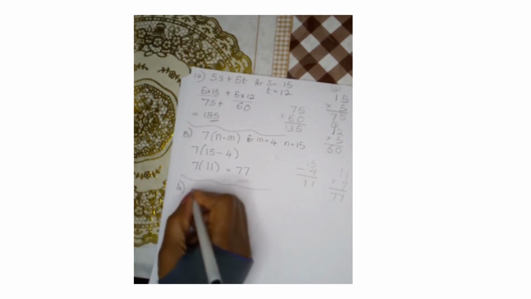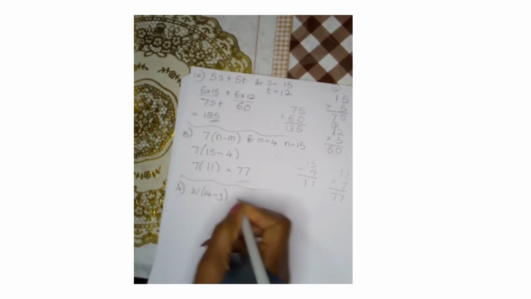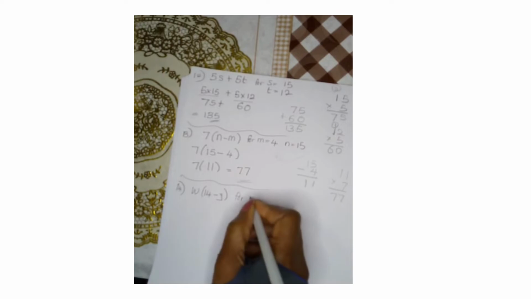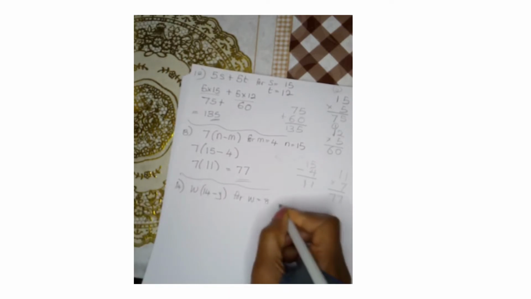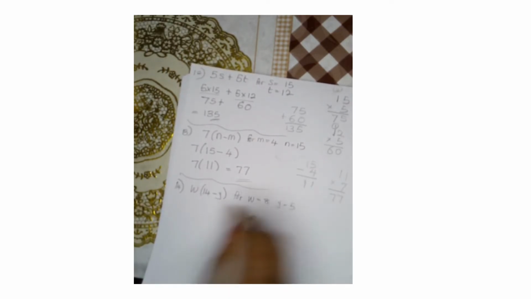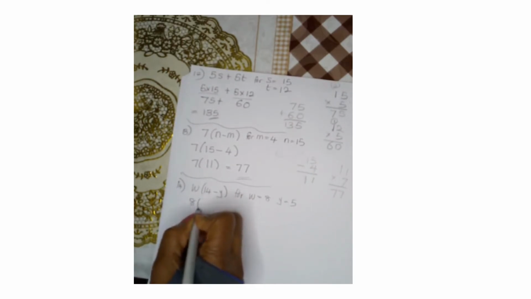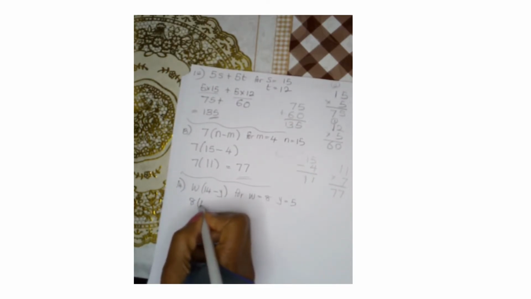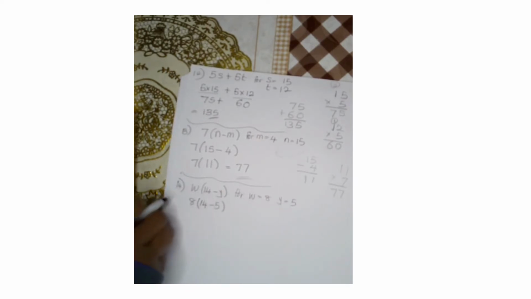which is w(14 minus y) for w equals 8 and y equals 5. So our w here is 8, and our y is 5, so 14 minus 5. What is 14 minus 5?